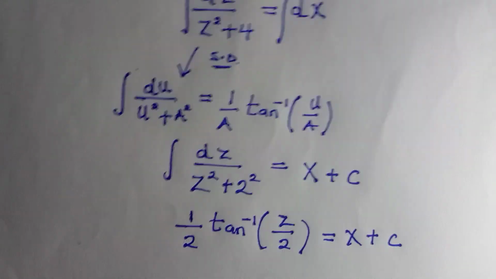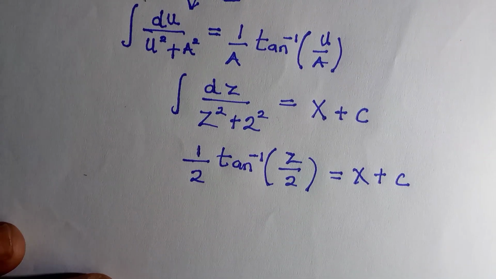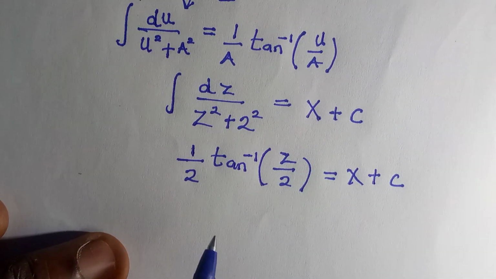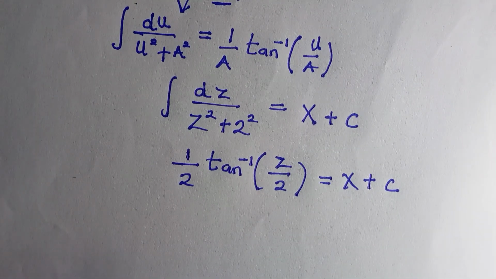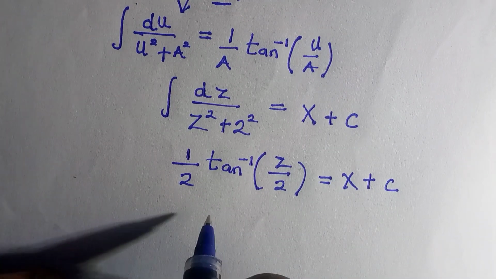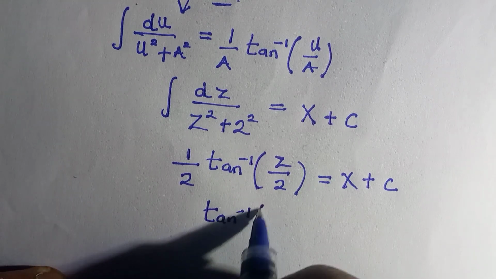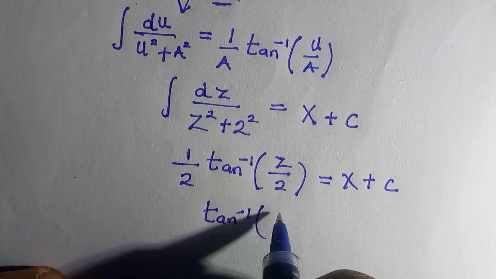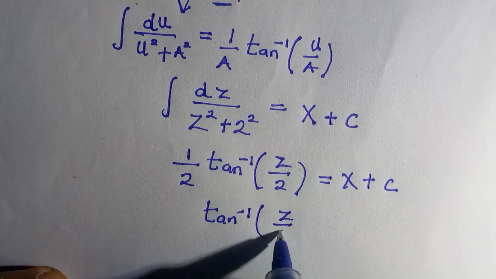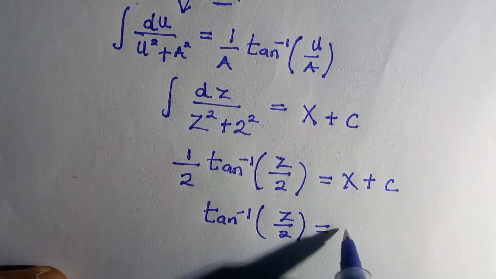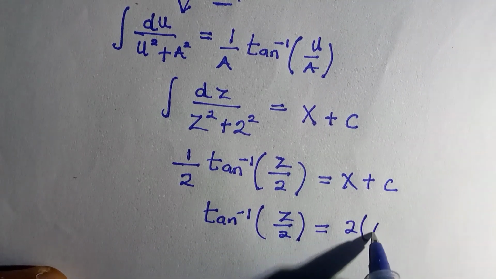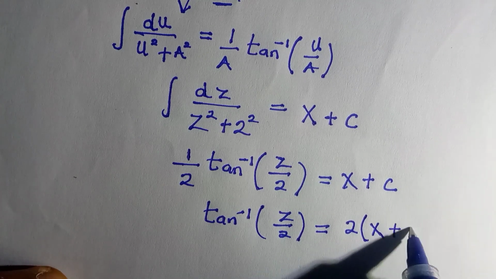Then I want to cross multiply. I want to multiply everything by 2 just to have tan inverse of z divided by 2 only. And here we have tan inverse of z divided by 2, everything equals 2 bracket x plus c.